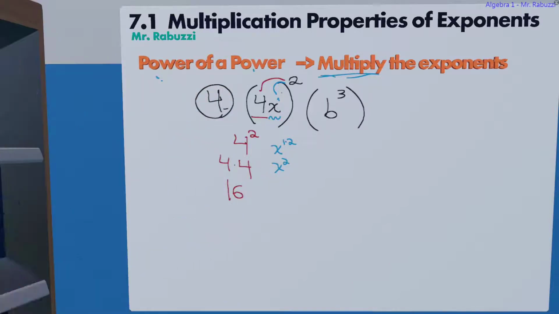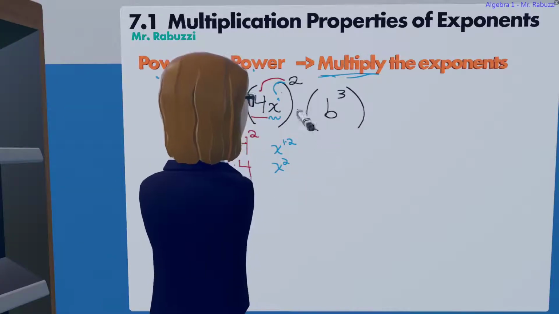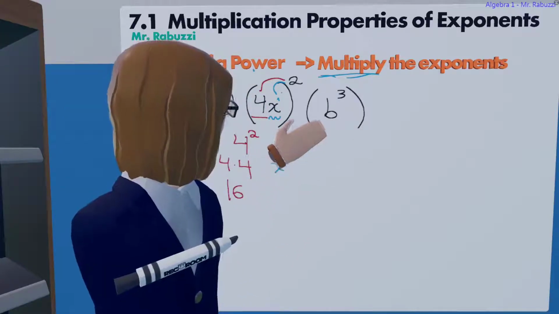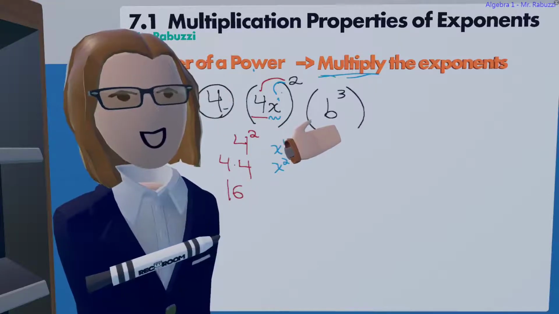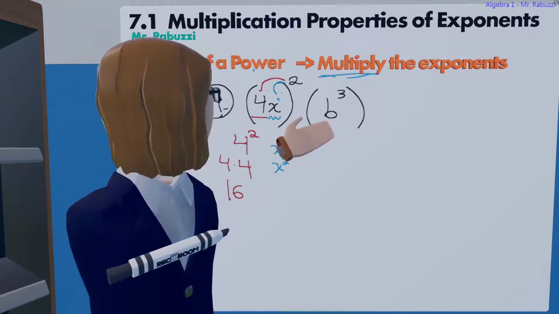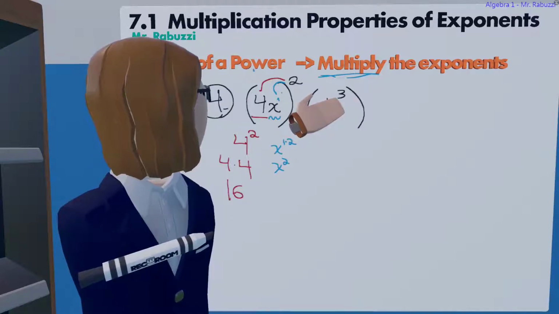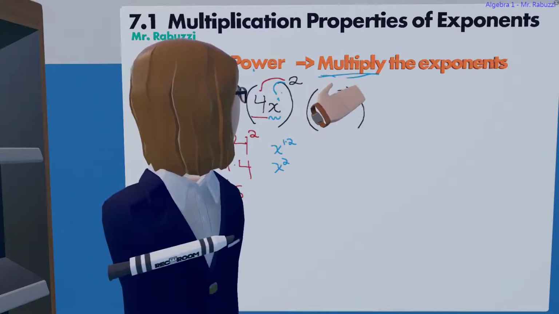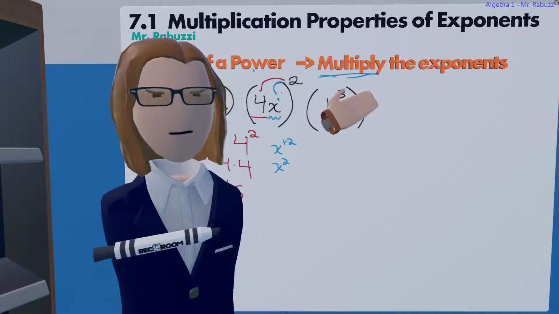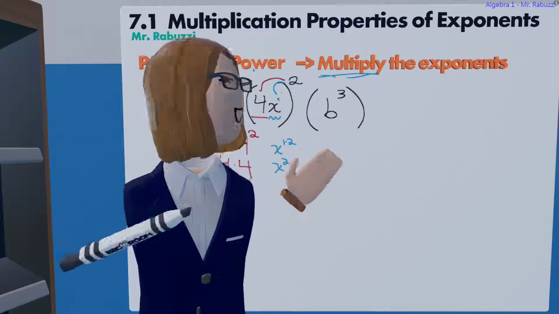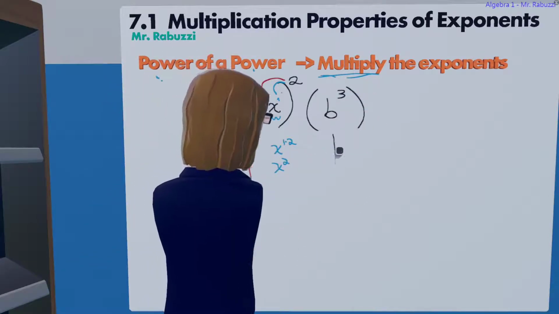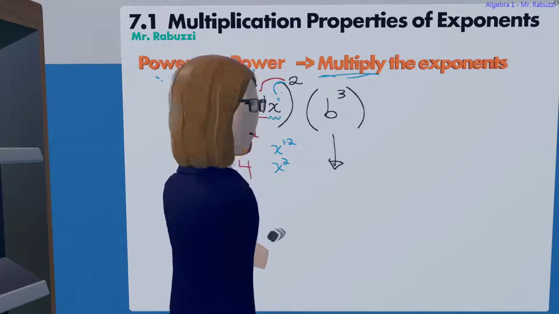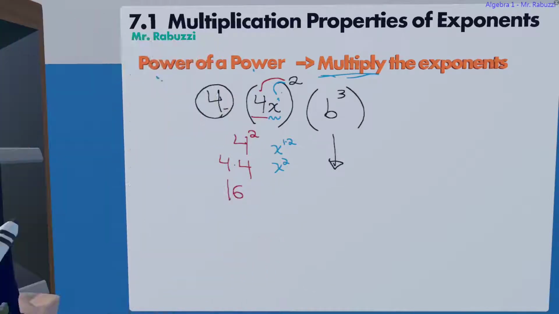Okay. Did we change the b? Do we need to change the b? Right now, it has a base b and an exponent of 3. And there's no power out here. So we're good. All we need to do, bring it down for our final answer, hopefully.